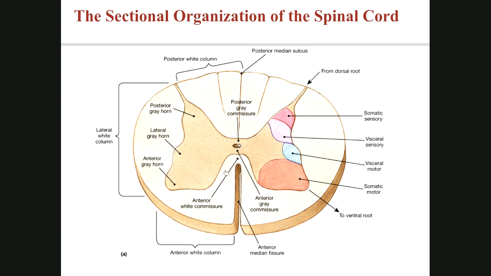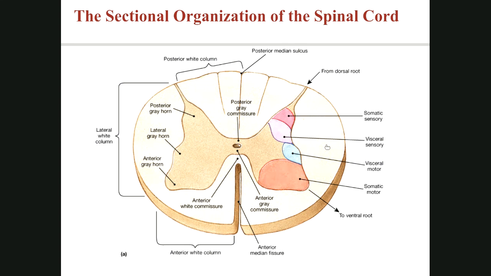The ventral part of our gray matter is called the anterior white column or anterior or ventral funiculus. And on both sides, here and here, you can see the lateral white column, lateral funiculi. I will talk about these different white parts later. We have different types of nerve tracts, which I will talk about later for you.